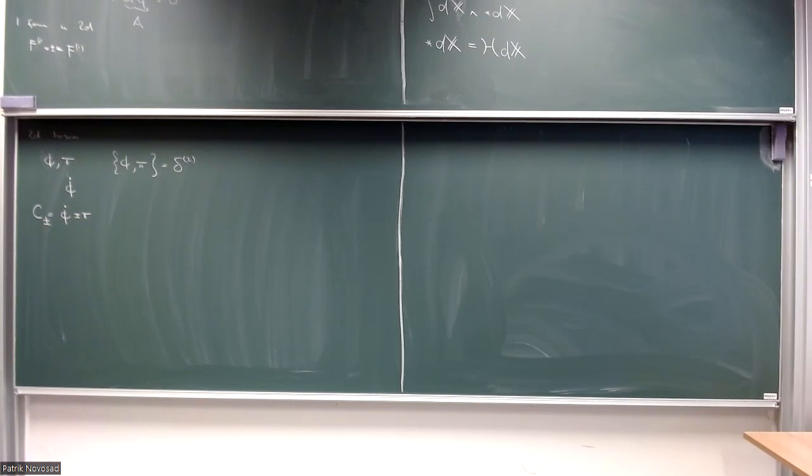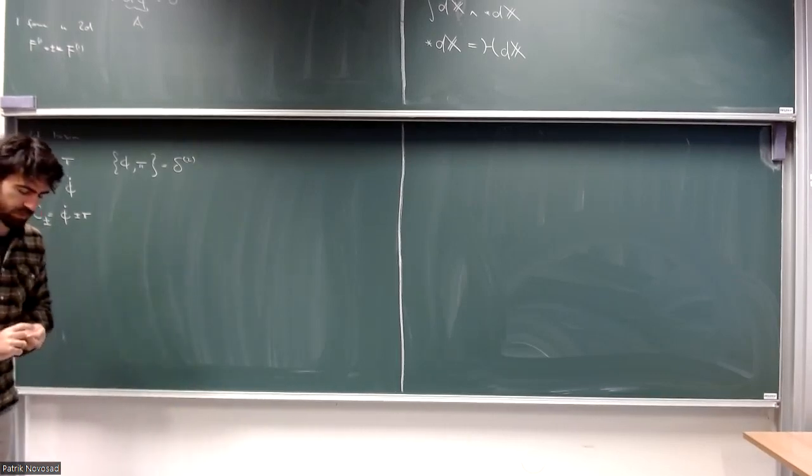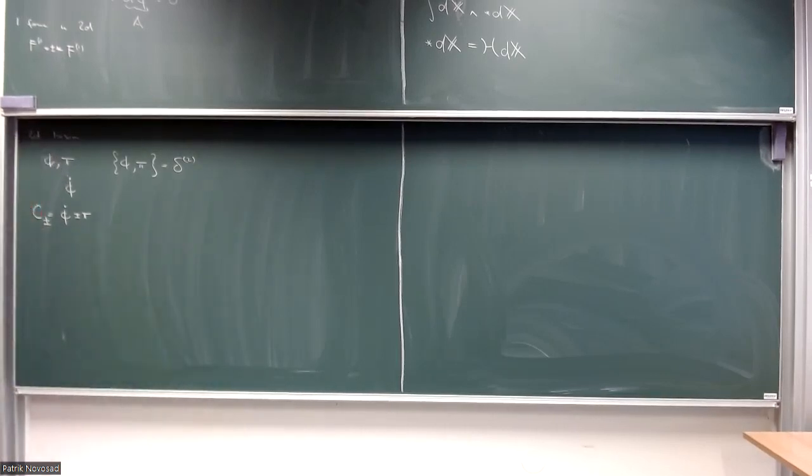And usually when we want to quantize, we first analyze these conditions and see whether they are first class or second class. Right? If they're first class, we're happy because they generate gauge transformations. We can proceed with BRST when we quantize the system. If they're second class, we need to reduce the space.